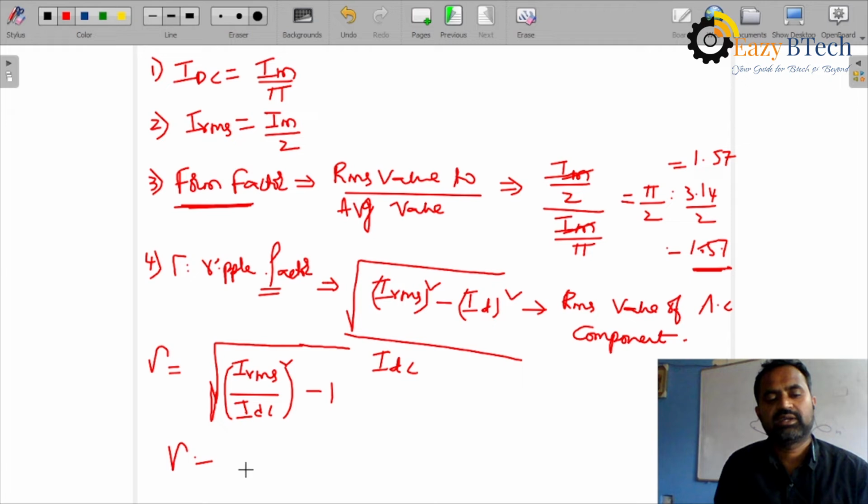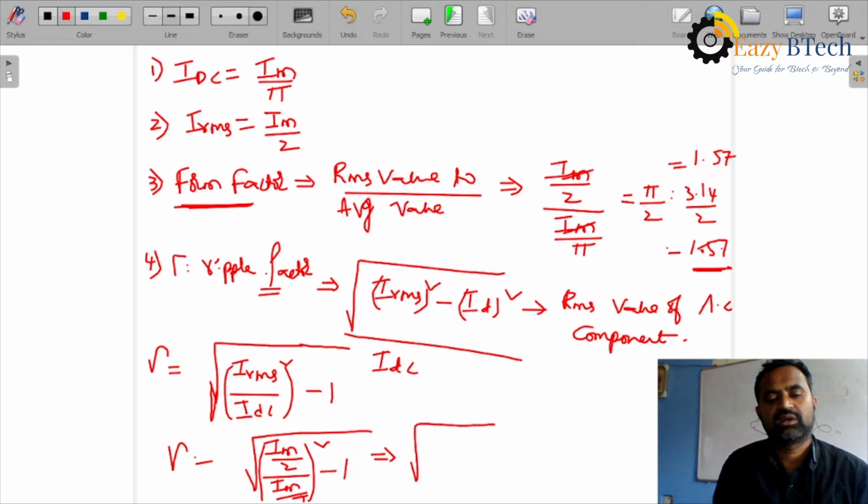This we will write as under root, IRMS value Im by 2 by Im by pi, whole square minus 1.